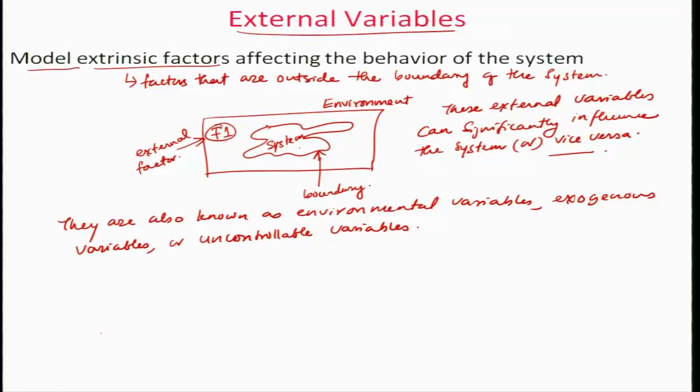Okay. The environmental variables, exogenous variables and uncontrollable variables are all one and the same. They all refer to what we call external variables.